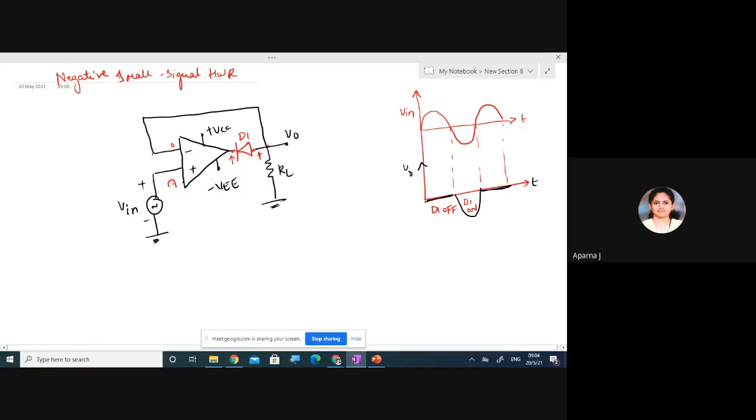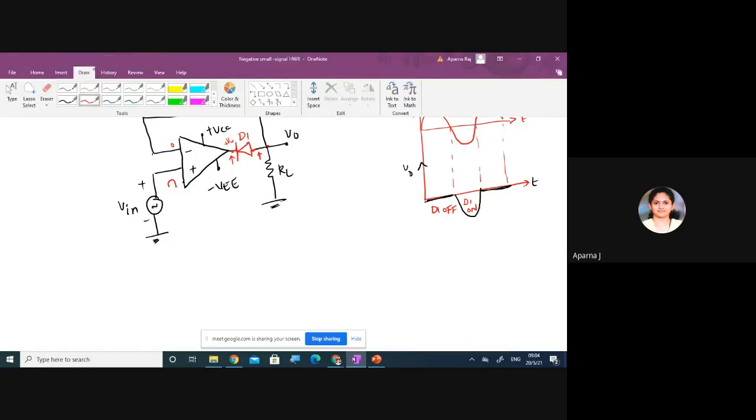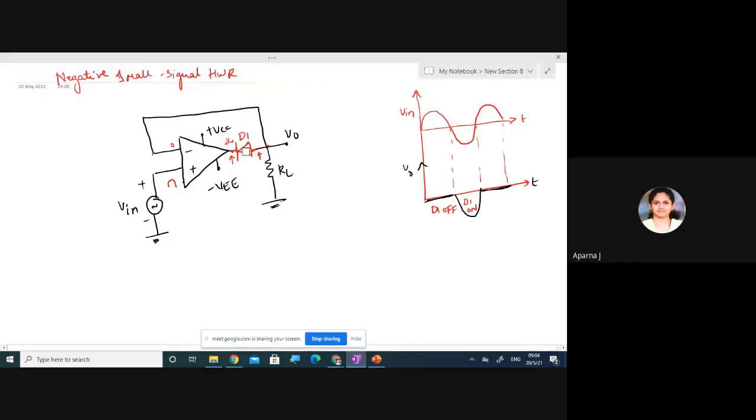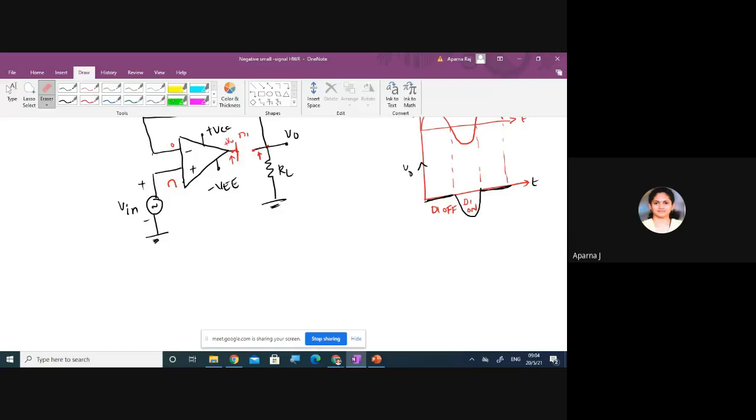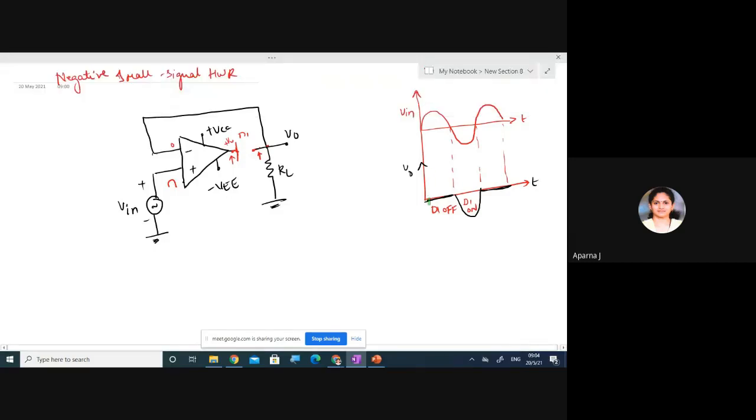For a positive input, the output is almost plus Vsat, and since the cathode is connected to positive, D1 will be reverse biased and acts as an open circuit. Hence V0 will be 0 for the positive cycle.